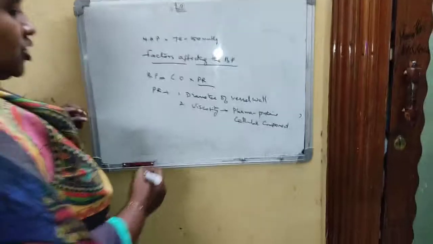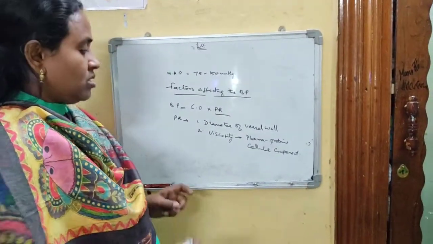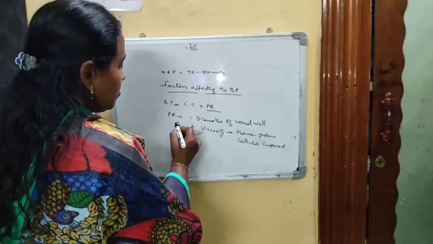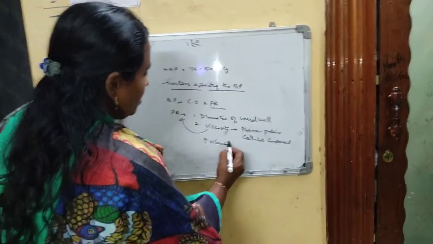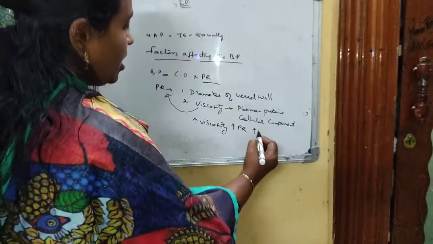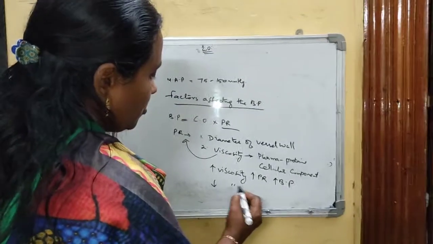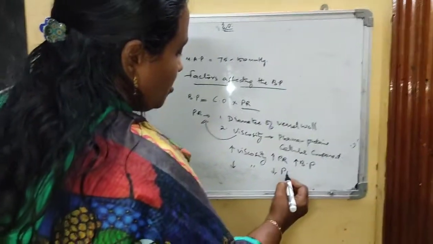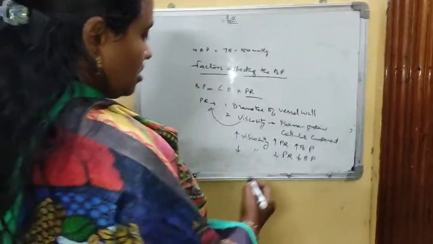In conditions where the viscosity increases, the peripheral resistance increases, thereby increasing the blood pressure, and vice versa. Decreased viscosity decreases the peripheral resistance, thereby decreasing the blood pressure.